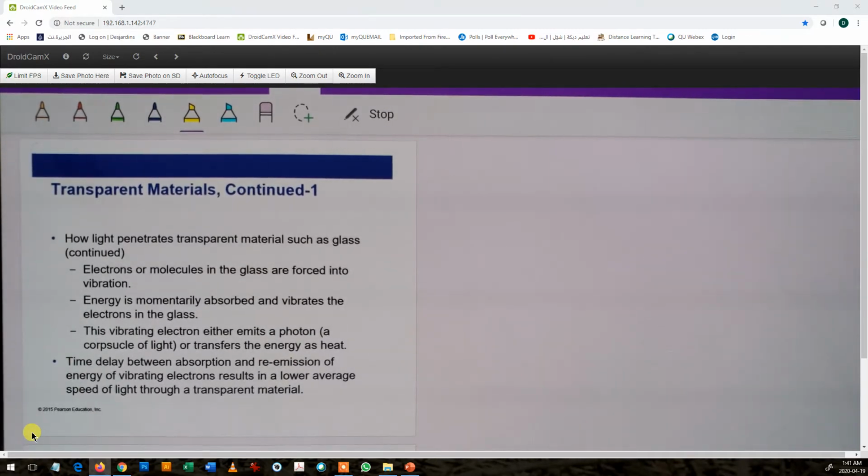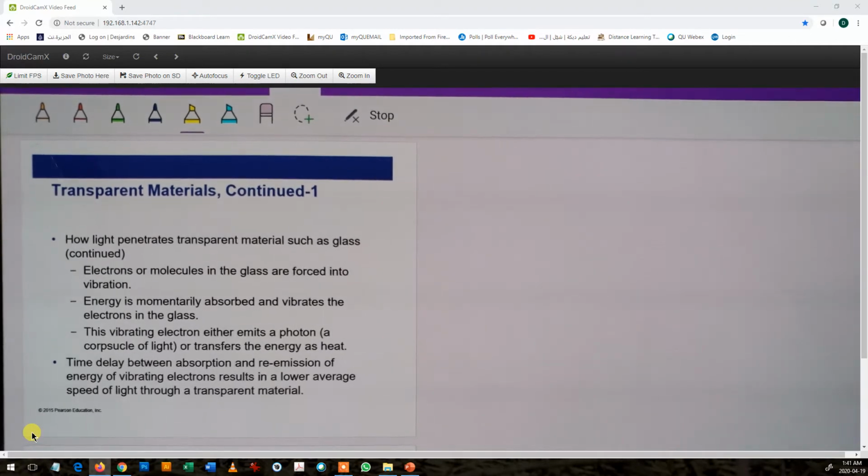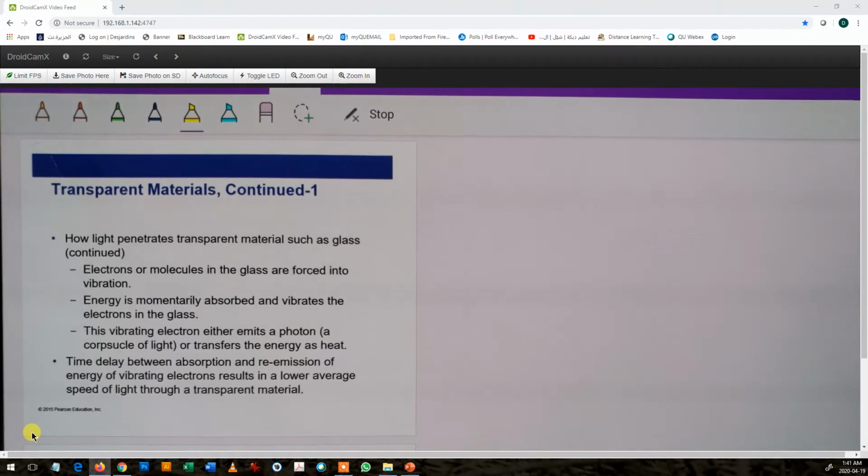How does light penetrate transparent materials such as glass? Electrons or molecules in the glass are forced into vibration. Energy is momentarily absorbed and vibrates the electrons in the glass. This vibrating electron either emits a photon or transfers the energy as heat.